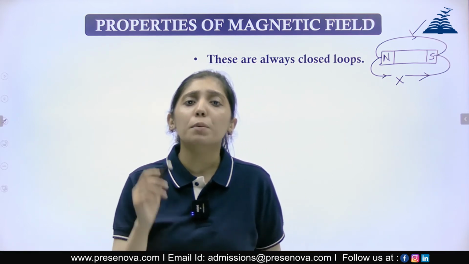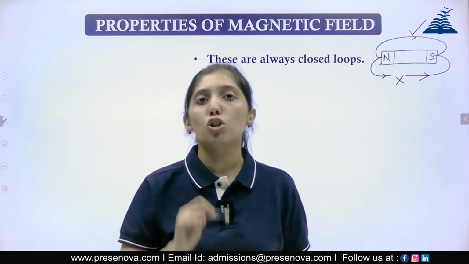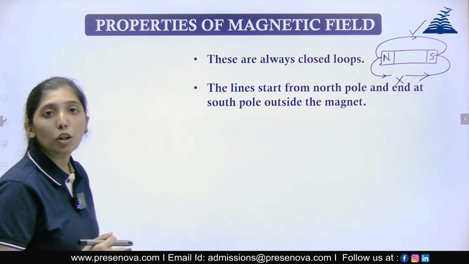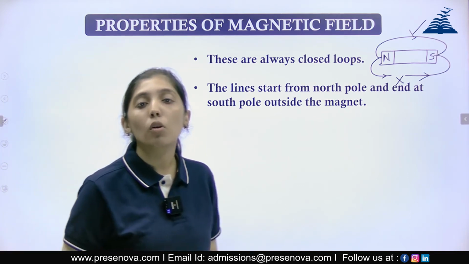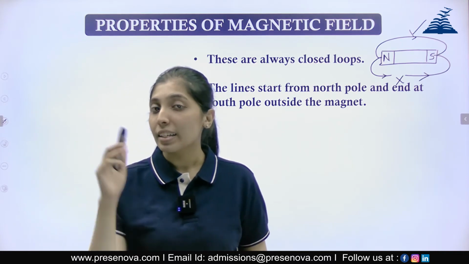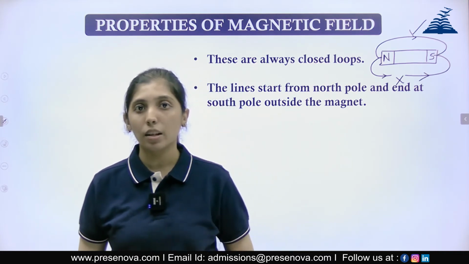They should always be continuous and closed loops. And the second property is the lines start from the north pole and end at the south pole outside the magnet. But we all know even inside the magnet it starts from the south and ends at the north.